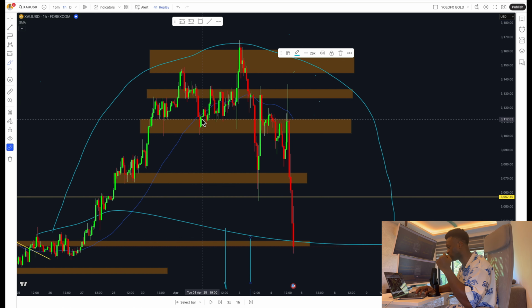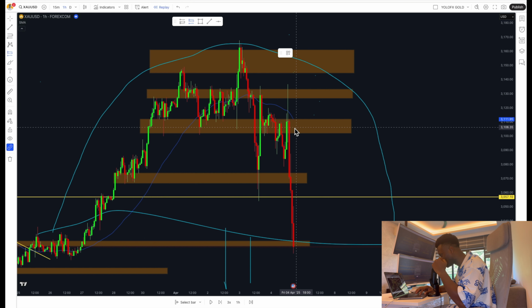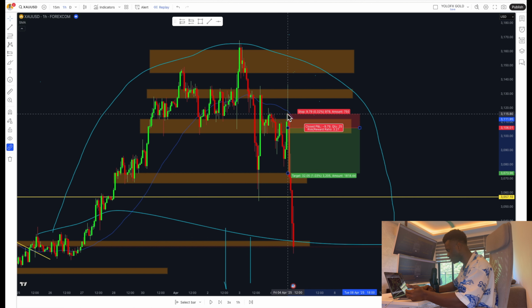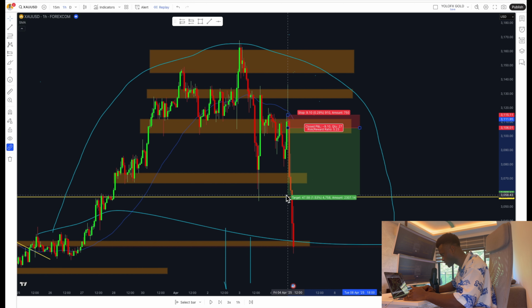I basically got into the trade around here, and I set my stop loss to about 90 pips to be safe, because I'm looking for a big move for this trade. So I set 90 pips, like this, and then I set my take profit here for 500 pips.